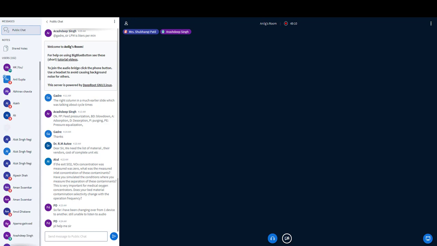Purging, as mentioned earlier, is a process where you clean the bed: you purge oxygen through the columns so that the bed gets clean for the next cycle. The third thing we have noticed is that the pressure you maintain in the surge vessel is also very important and plays a very critical role.